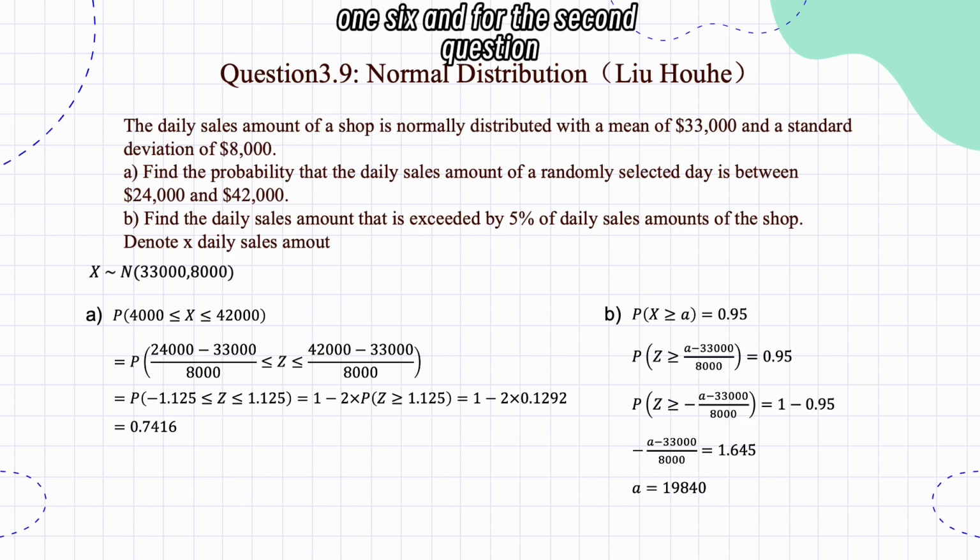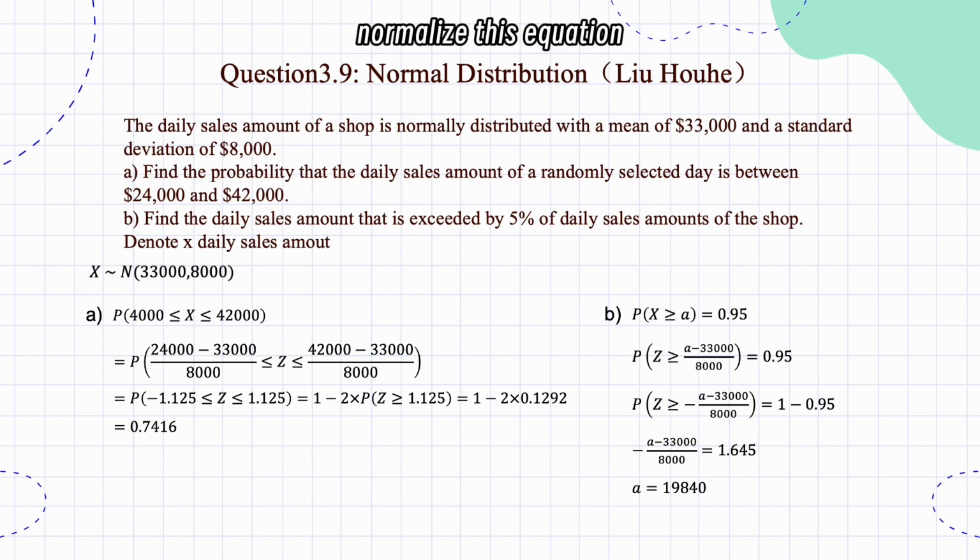0.7416. For the second question, we need to find the amount of daily sales that exceeds 95% of total daily sales. If we denote this number as A, we get the first line equation.